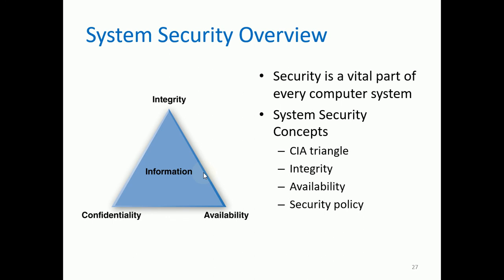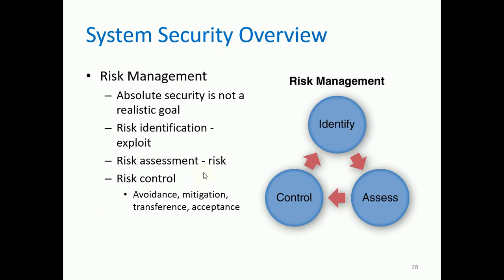These three, integrity, confidentiality, and availability, are the boundaries of information. So information must be confidential, available, and it must have integrity. By means of this CIA triangle, you can create a security policy for your information bounded by confidentiality, integrity, and availability.